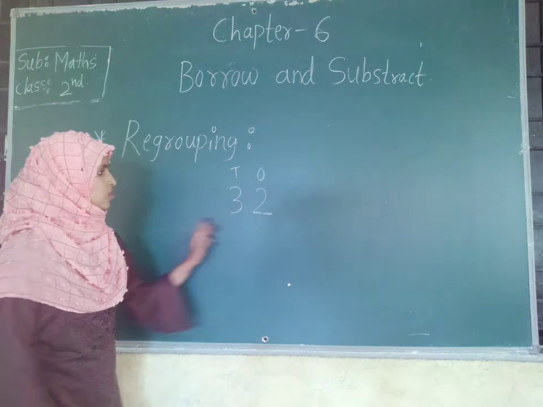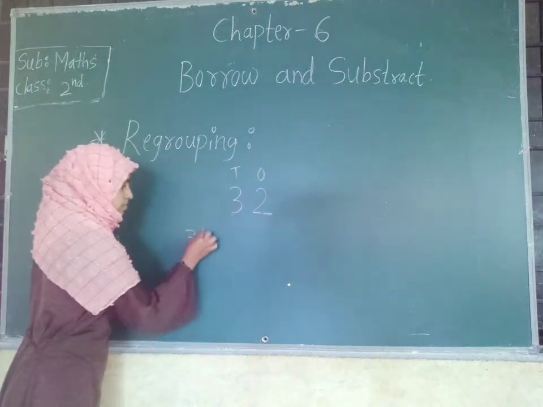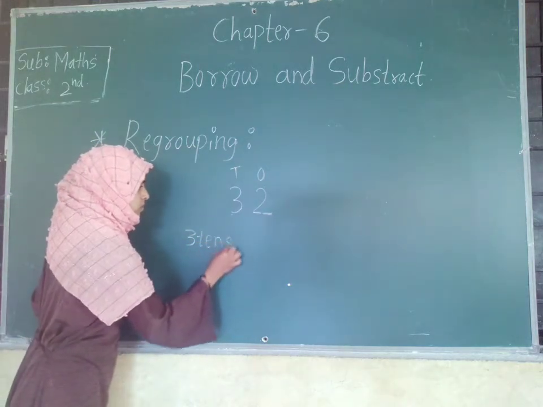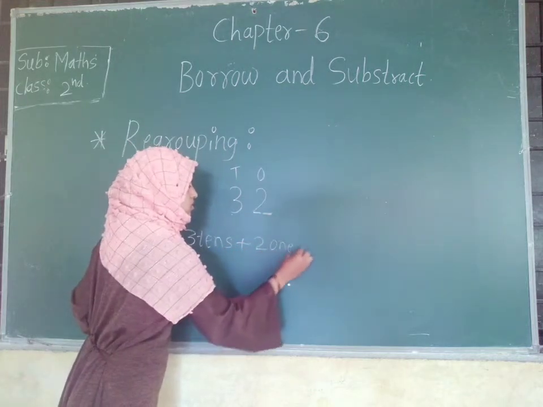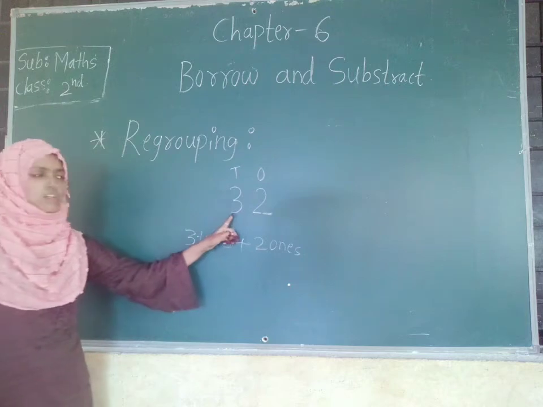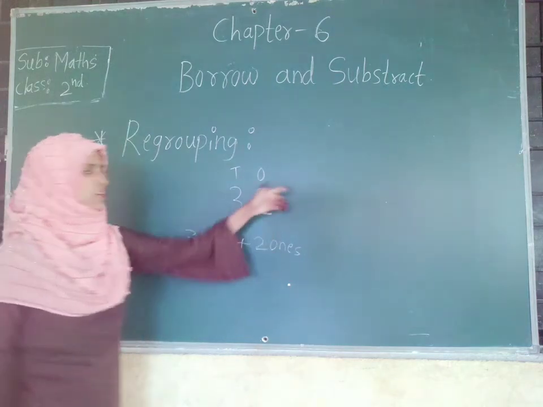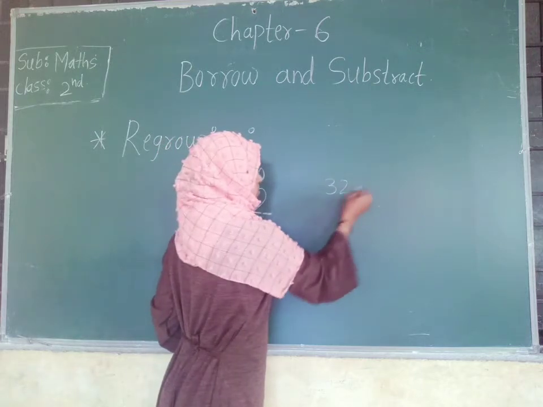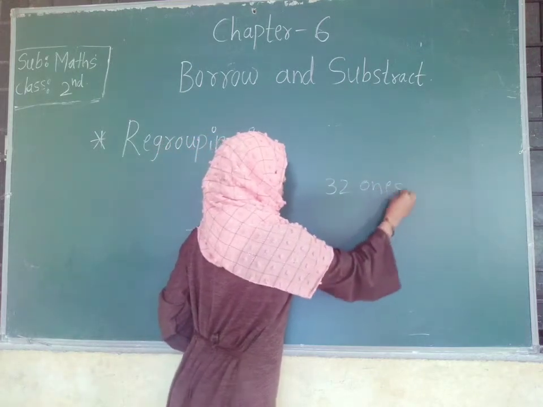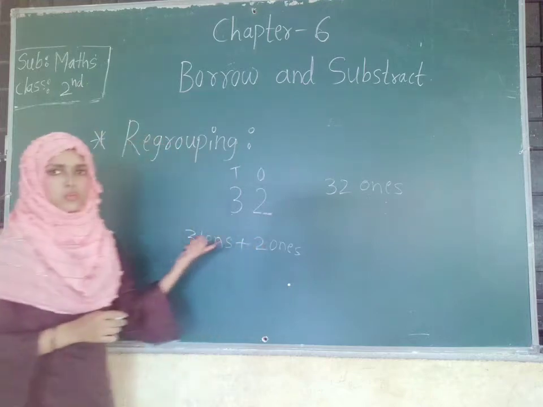Yes. So 3 tens plus 2 ones. We can say 3 tens and 2 ones. Otherwise we can say 32 ones. How you will say 32 ones?